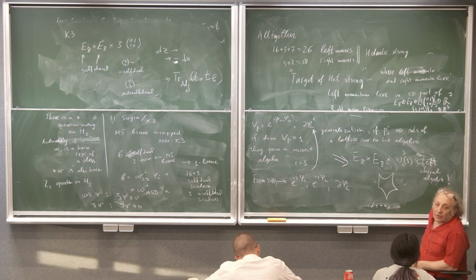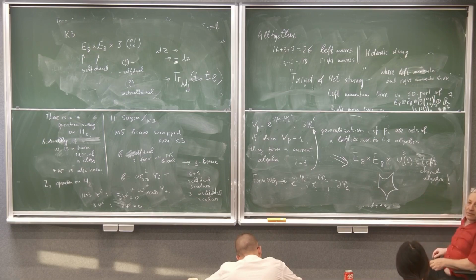The issue was, how can you get, in a natural way, heterotic string using supergravity compactification? And the simplest answer is that you can get it if you compactify supergravity on K3.